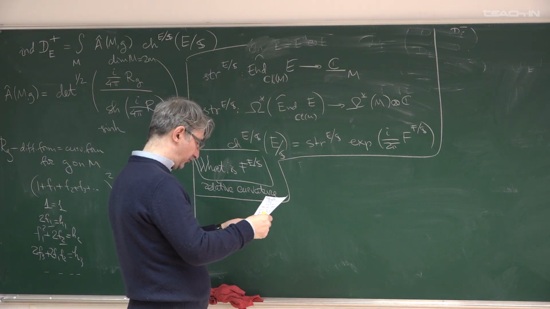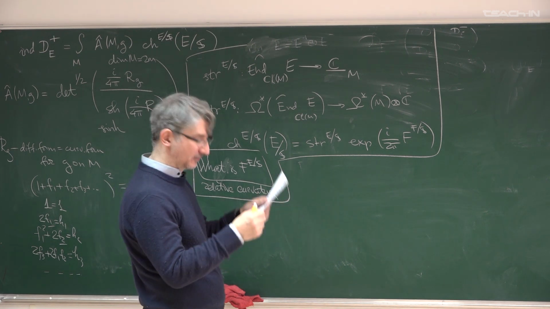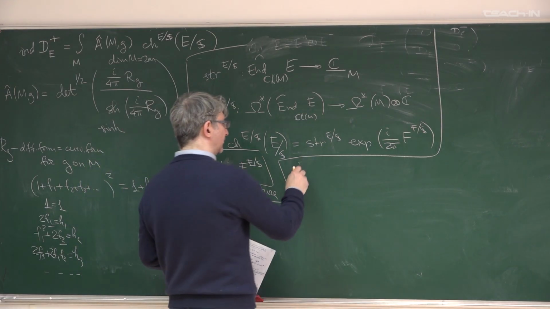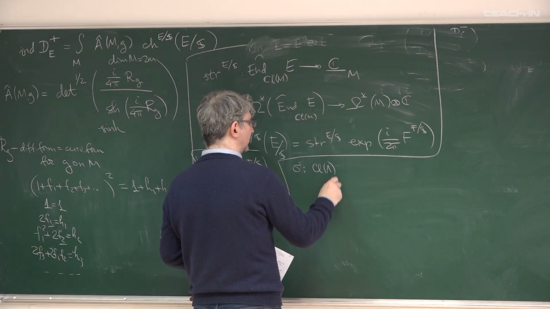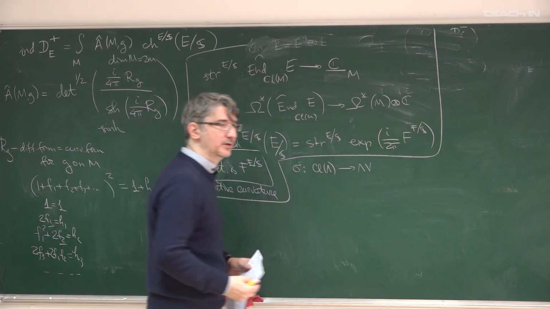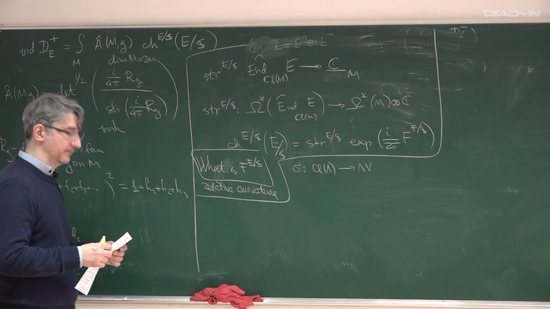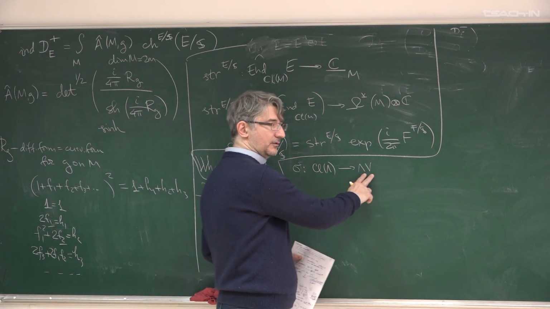Well, I wrote a bunch of formulas which I tried to make as simple as possible, so I need to look for indices. Okay, let us remember how we defined that this thing and exterior algebra were isomorphic. How we defined the map from Clifford to exterior algebra.